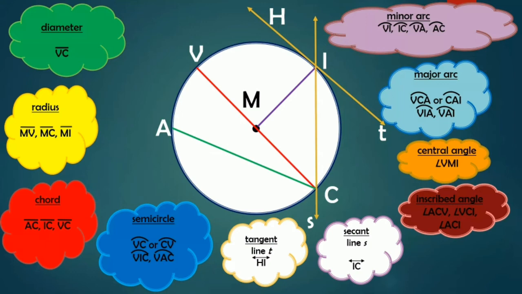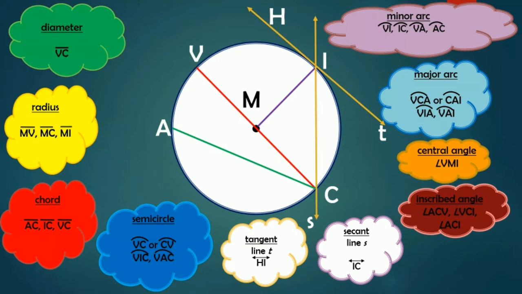Next is the major arc. Again, the major arc is an arc whose measure is more than half a circle or semicircle. The major arcs of the given circle are arc BCA or arc CAI, arc BIA, and arc BAI. We name the major arc using 3 points. Now let's proceed to the angles. We have the central angle.